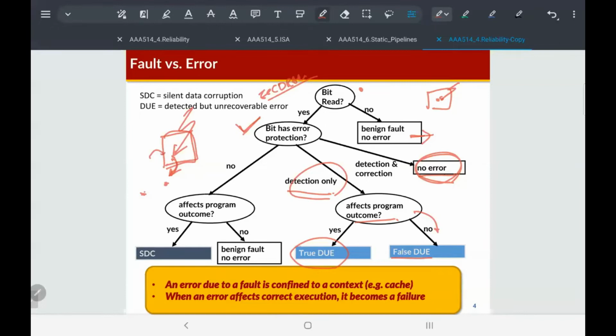If these faults are not detected or not protected, then this is silent data corruption, called SDC. But even though these data faults are not detected, they may not be harmful in our system. So we also distinguish these two cases.